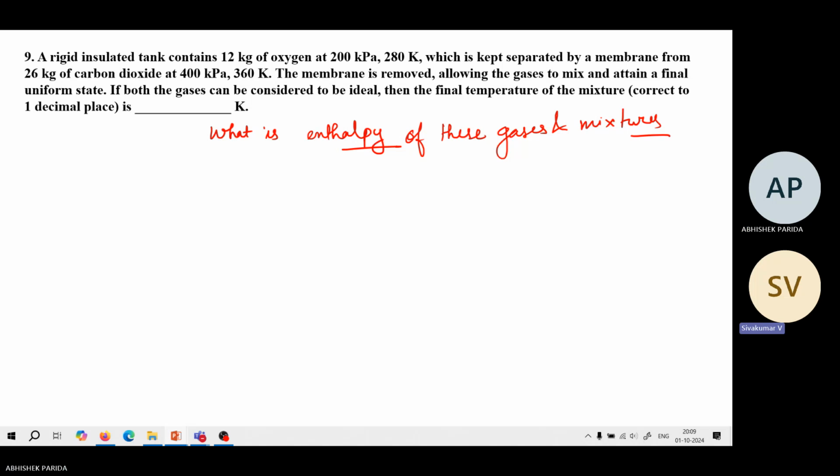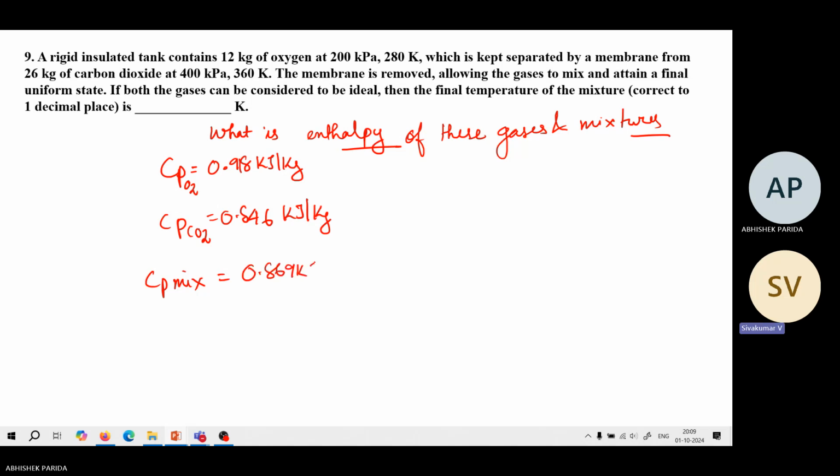Cp value of oxygen is 0.918 kilojoule per kilogram Kelvin. Cp of carbon dioxide is 0.846 kilojoule per kilogram Kelvin. And then the Cp of the mixture is 0.869 kilojoule per kilogram Kelvin.